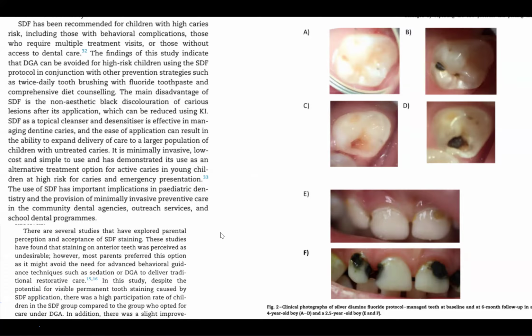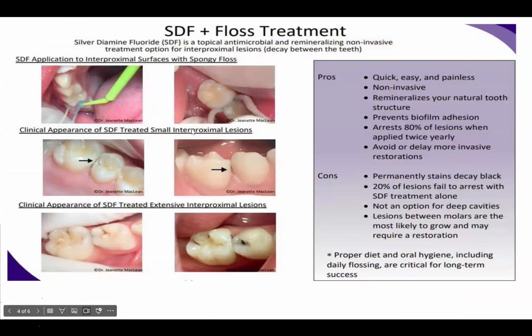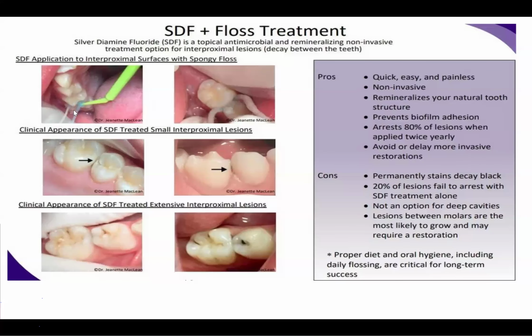The use of SDF has important implications in pediatric dentistry and use of minimally invasive preventive care in community dental agencies. So they've just outlined how to use it. You can see they've used a floss as well. You can use it in small interproximal lesions, extensive interproximal lesions as well. So yes, it may turn black, but it's reversible. It may get better with time.